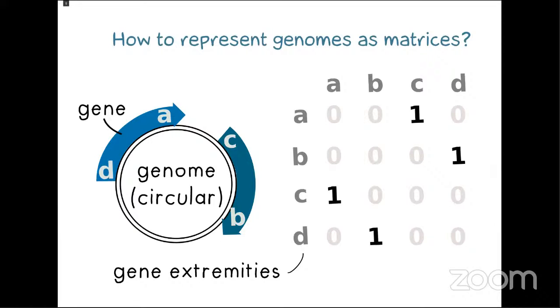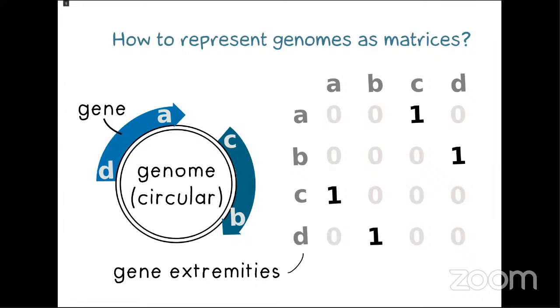The thing that you have to do is to represent genomes as 0-1 matrices. And here's an example. So take a genome. In this case, we took a circular genome with just 1 chromosome and named the extremities. Okay, mind that. We're not naming the genes. We are naming the extremities of the genes. So here we have 2 genes and 4 extremities. And the extremities will correspond to the rows and columns of the matrix.